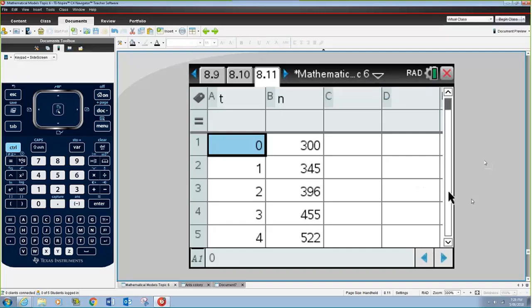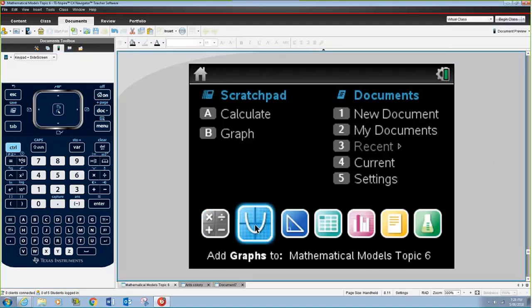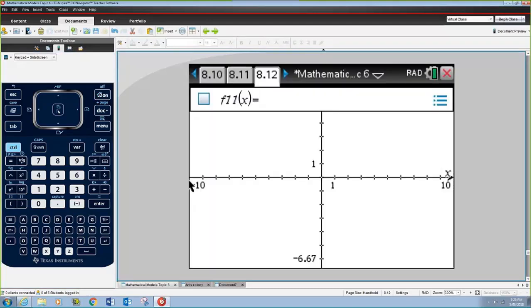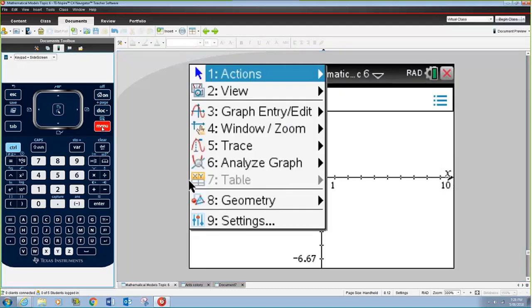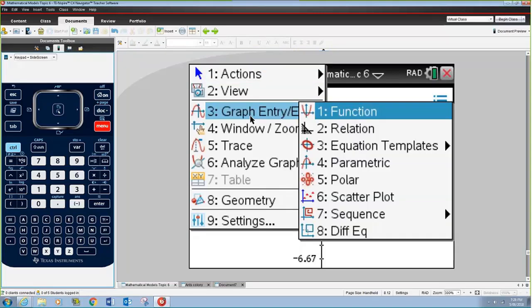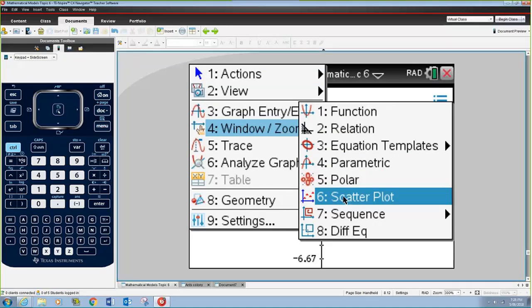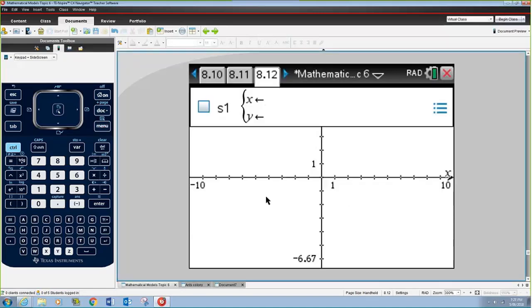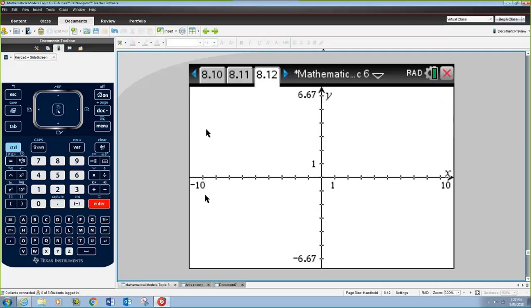And this time I will be using the scatter plot because that will allow me to actually enter the other functions as well. So if we go to graph entry and look at the scatter plot, I had already T here and I had N, and of course I will need to change the scale again because otherwise it will not show.